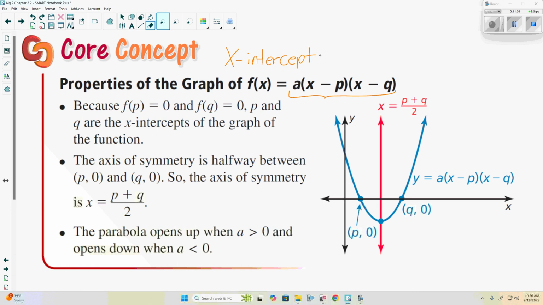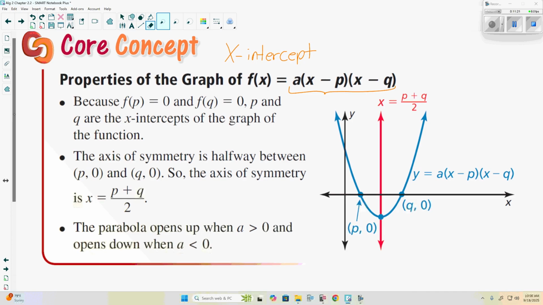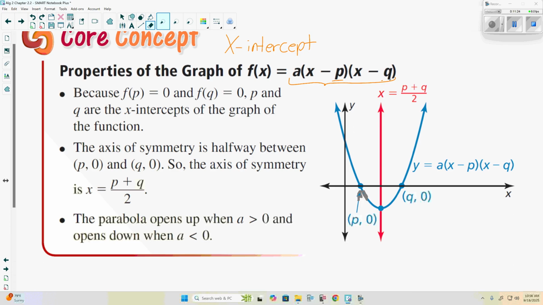X-intercept form tells us the values of x where it will cross the x-axis, our x-intercepts. And the value of y at the x-intercept will always be 0. And the x values are the values of p and q.